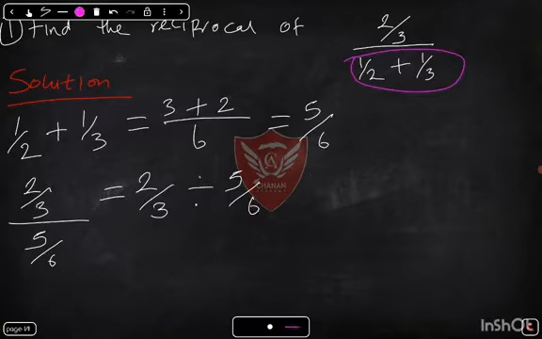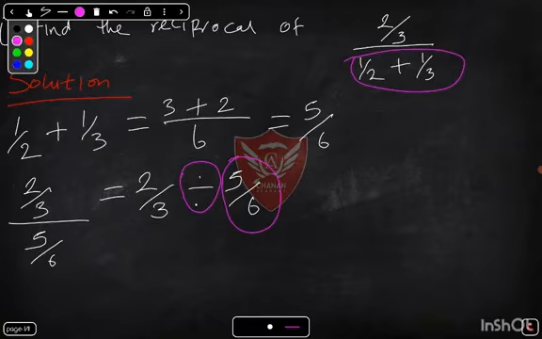For us to be able to change this division sign to a multiplication sign, we have to invert this. So if we invert 5 over 6 to become 6 over 5, the division sign will become a multiplication sign.